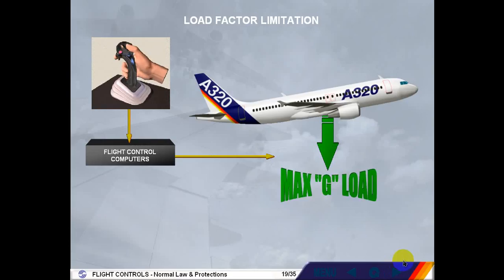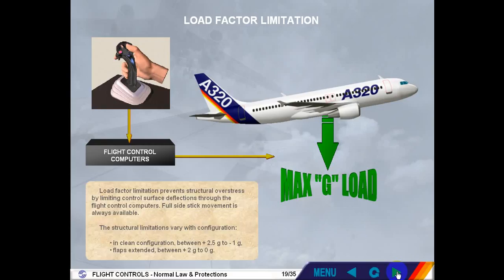Full side stick movement is always available. The structural limitations vary with configuration. In clean configuration, between plus 2.5 G to minus 1 G, flaps extended between plus 2 G to 0 G.